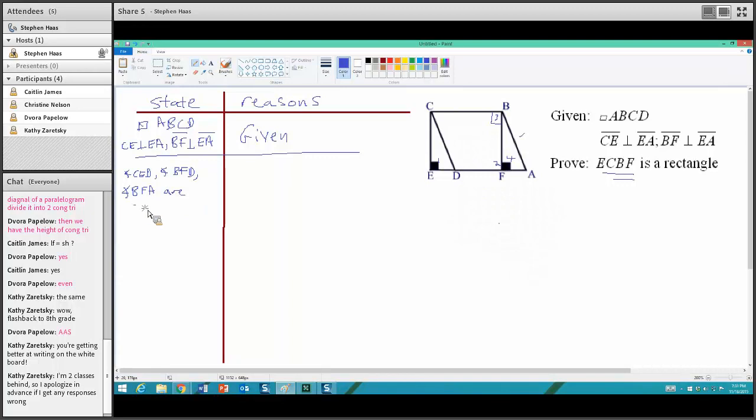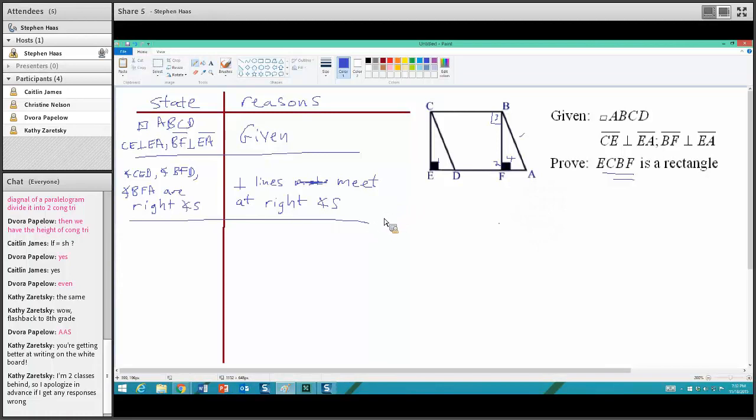are right angles. And the reason is because perpendicular lines meet at right angles. So we've got all three of these, the ones we called 1, 2, and 4, as right angles.